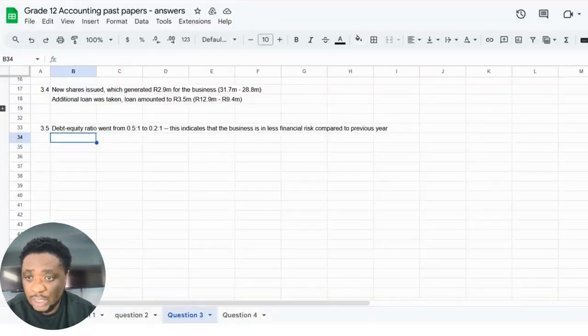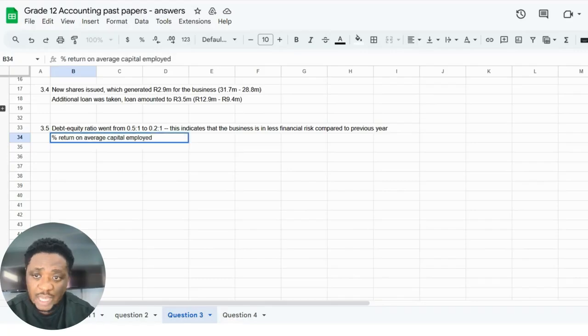So then we're going to say return on total capital employed increased from 15% to 24%. Then we make a comment.